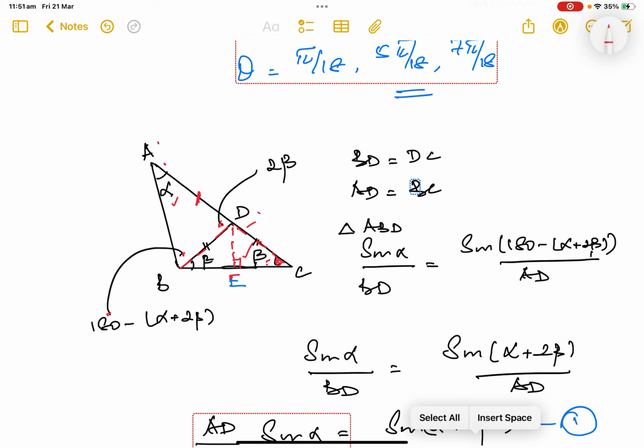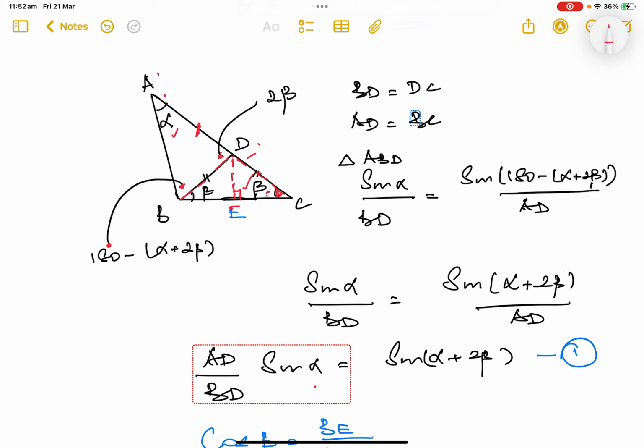That's beta, beta, and the external angle, this ADB, is 2 beta, because the external angle equals the sum of the internal angles. From that, in triangle ABD, this angle is 180 minus alpha plus 2 beta. So we need to use this.